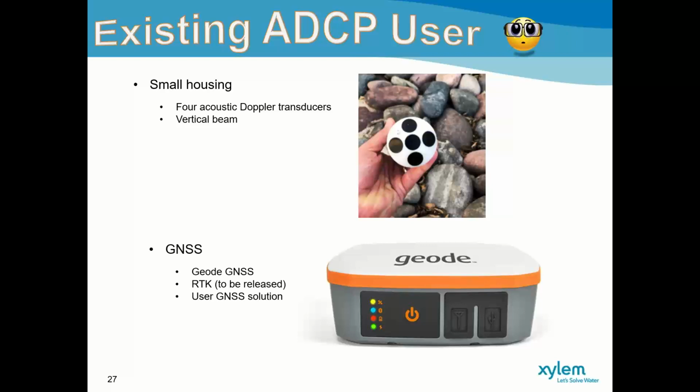Xylem Water Solutions Australia promotes the Hemisphere S321 and the S631 smart antennas, which are high-grade survey antennas. You can use them for bathymetry, hydrographic surveys, topographic land surveys, and those systems can be integrated with RS5 as well as any other user solution.